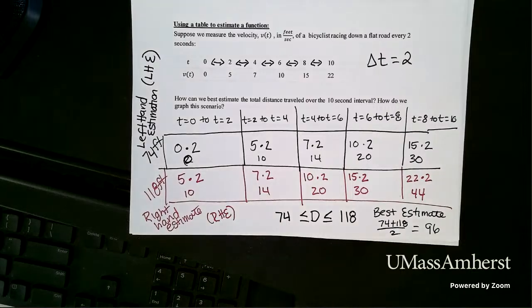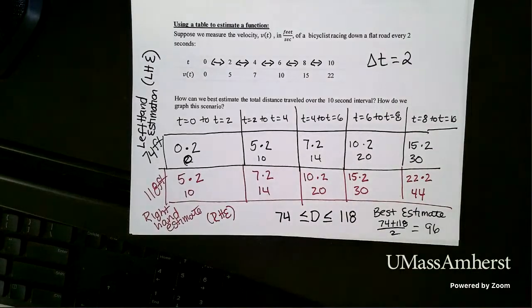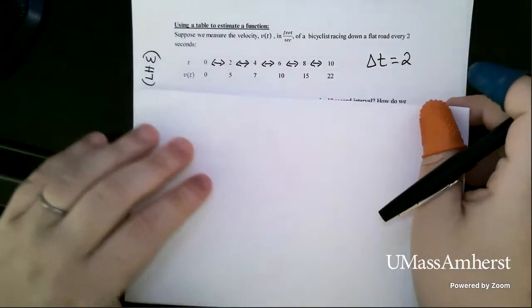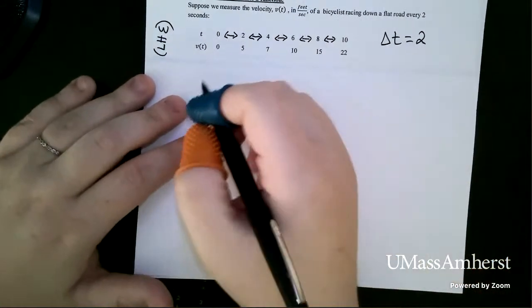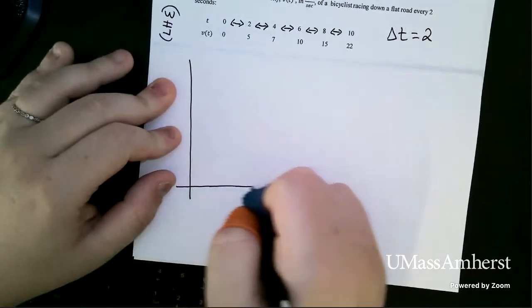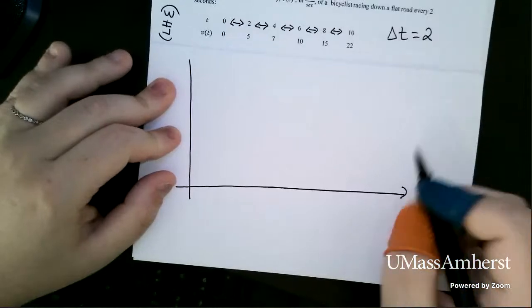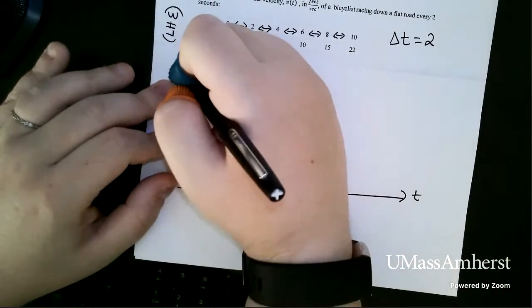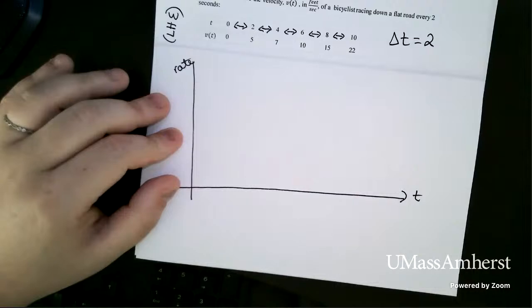Let me grab a piece of paper here. Okay. So if I were to draw a picture of this approximation, this is my time, this is my rate. Remember, rate versus time.